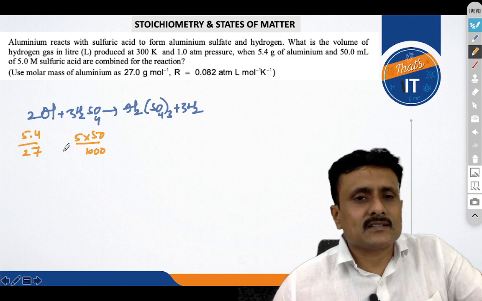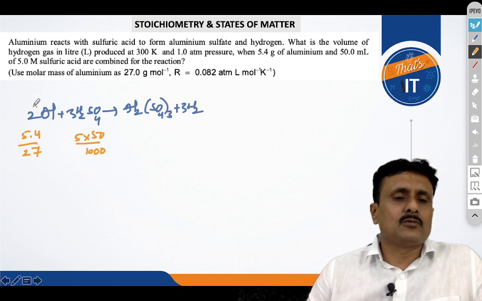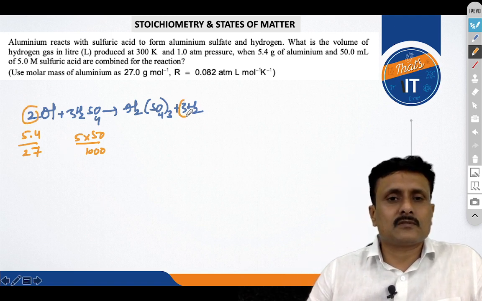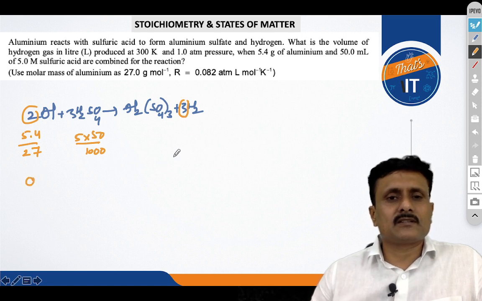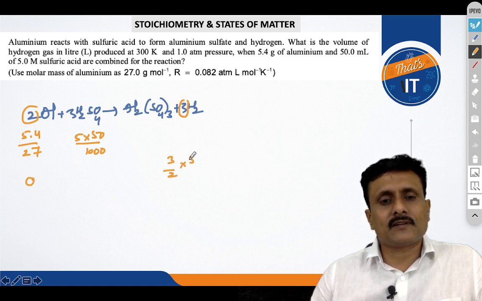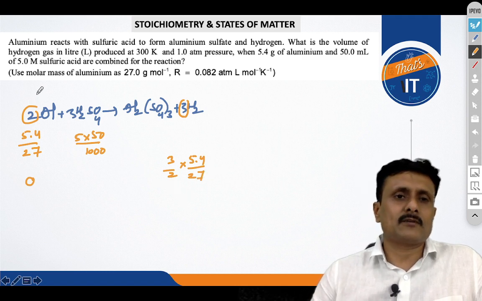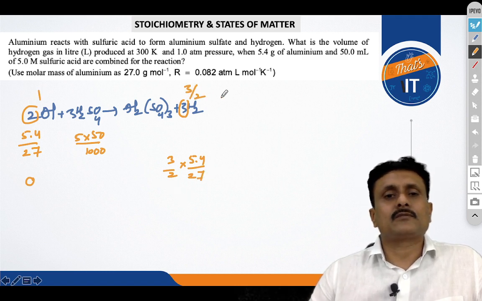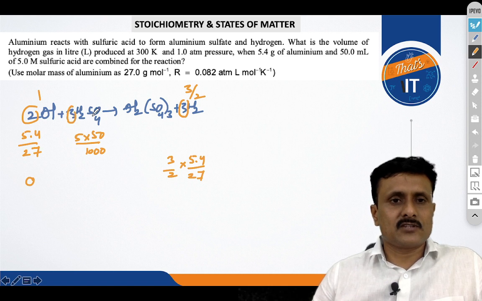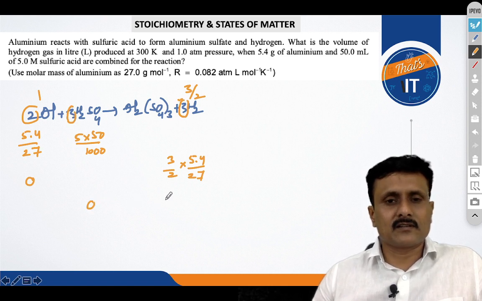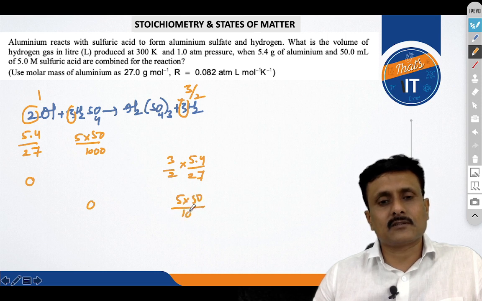So limiting reagent concept, 2 moles gives rise to 3 moles. If this is the limiting reagent, you will be getting 3 by 2 times of 5.4 by 27. Alright, because 1:3 by 2. You can see it is 3:3. If this is the limiting reagent, you're going to get the same, right? 5 into 50 divided by 1000.